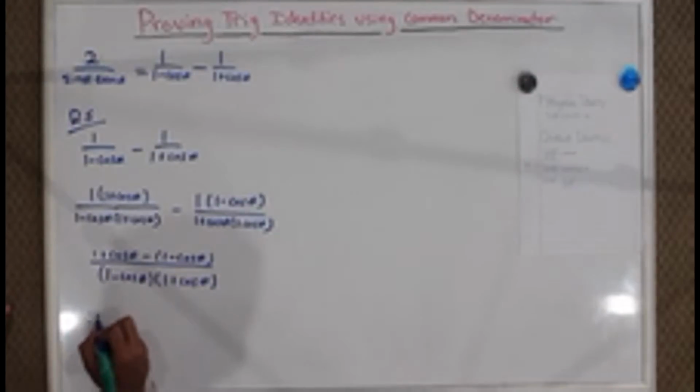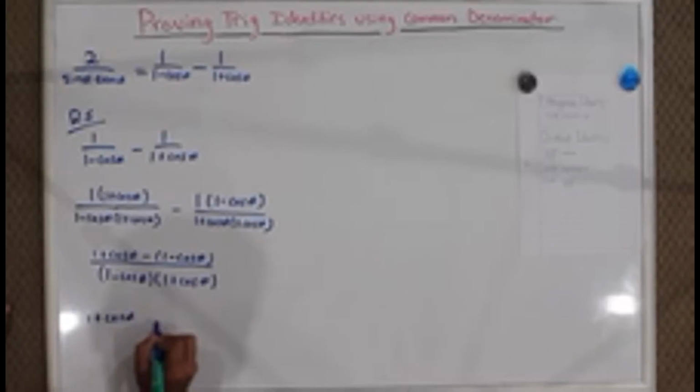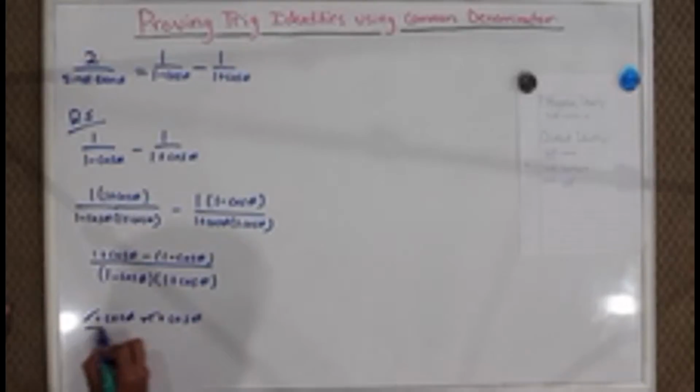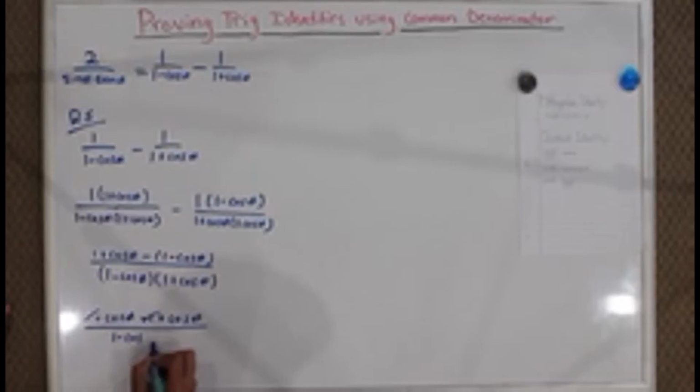So we have 1 plus cos theta minus 1, and then the minus and minus become the plus cos theta. Now we can cross out the 1 here and the negative 1. So this is still all over, and we can write this as 1 minus cos squared theta.